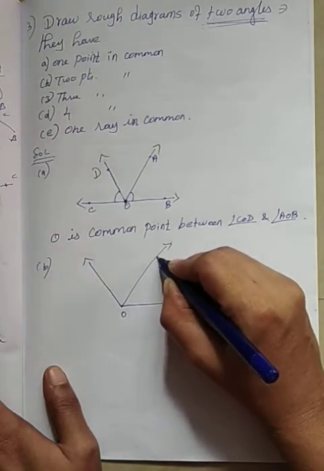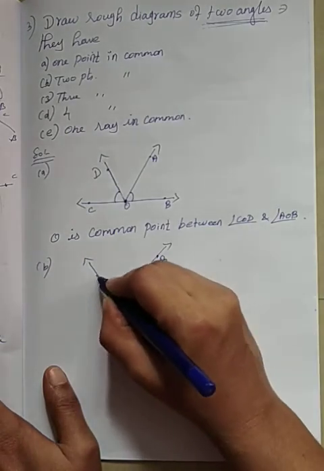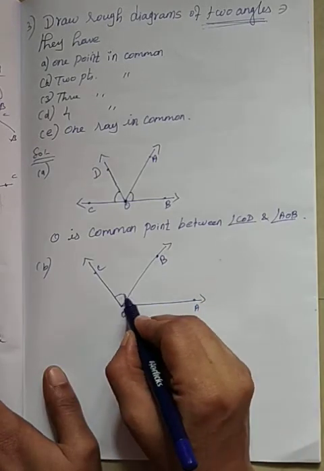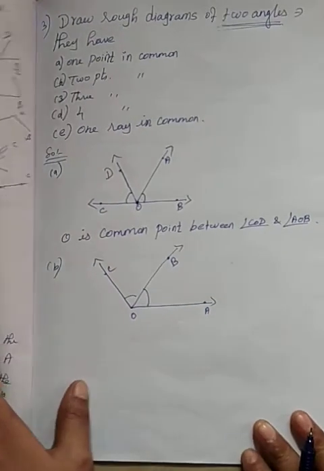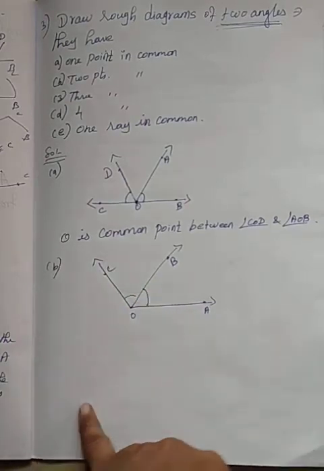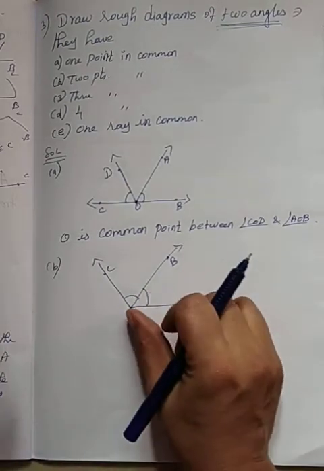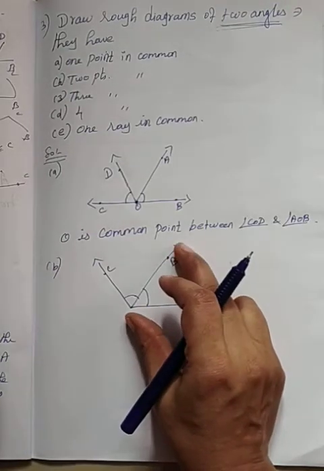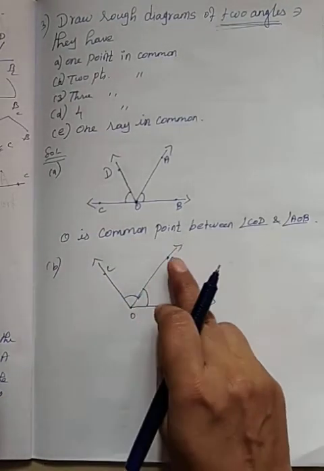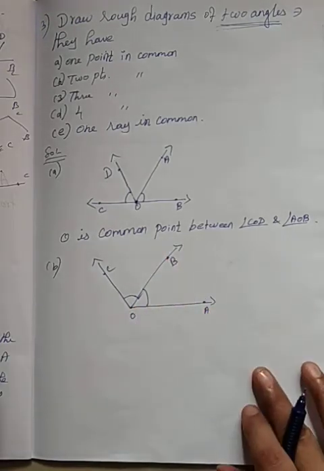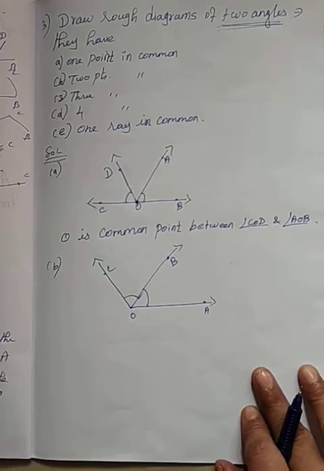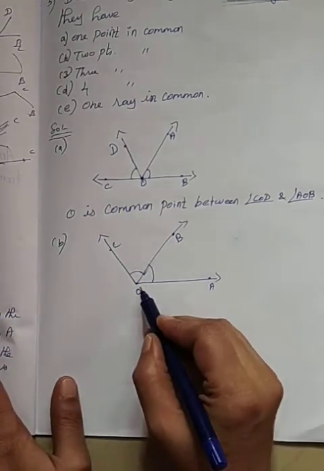Say this is O, B, C. Yeah, okay, I got it. See here, two angles, 2 points. Where are the 2 points? See, OB. This OB is common for this angle. The same OB is common for this angle. So two angles, 2 points. Clear?